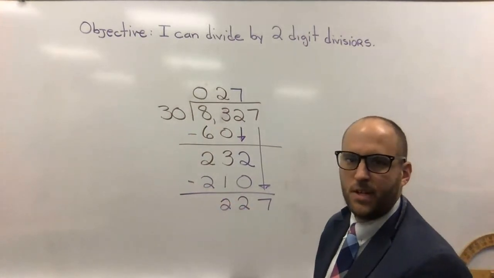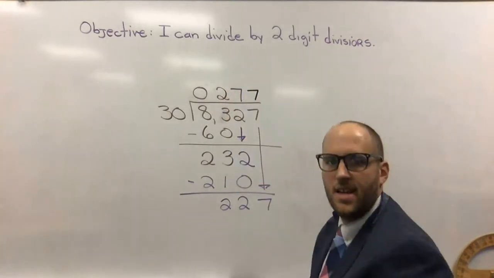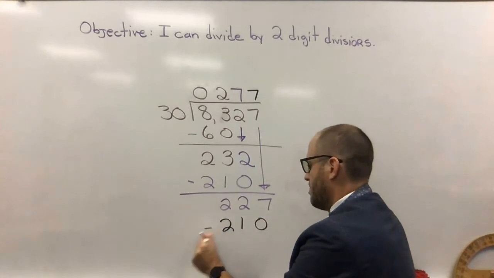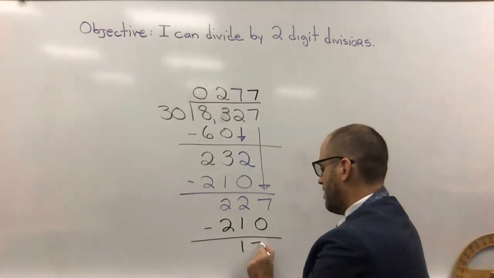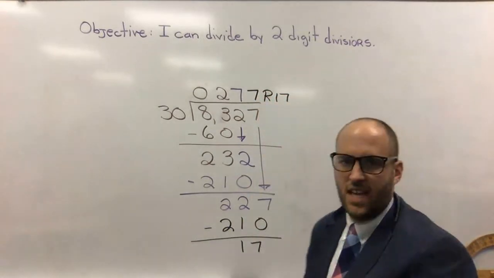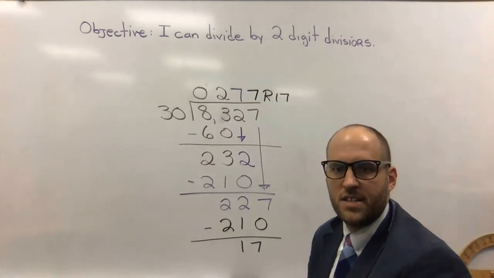I can't get much higher than that, which probably means I'm going to use a 7 again. 7 times 30 is 210. And that gives us a remainder of 17. So 8,327 divided by 30 is 277, remainder 17.